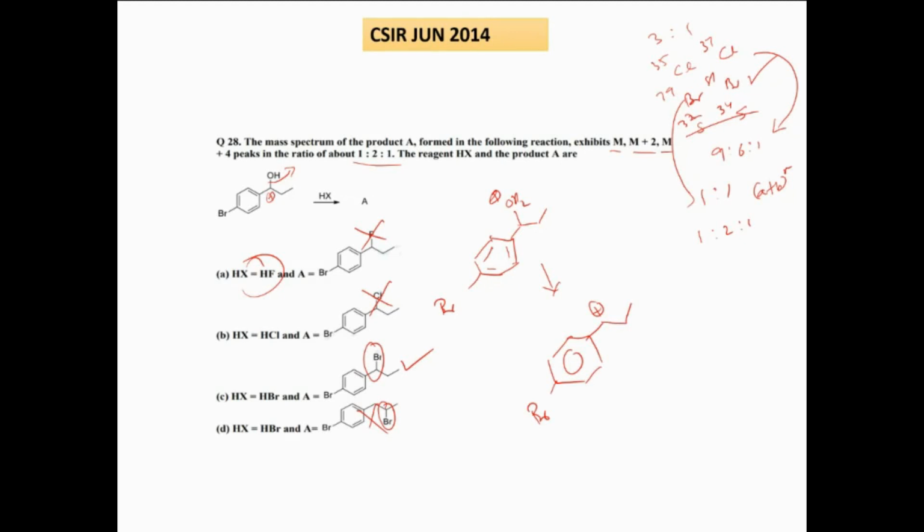So this is a stable carbocation. Yes or no? For example, you would have studied rearrangement. I'll give a small example.